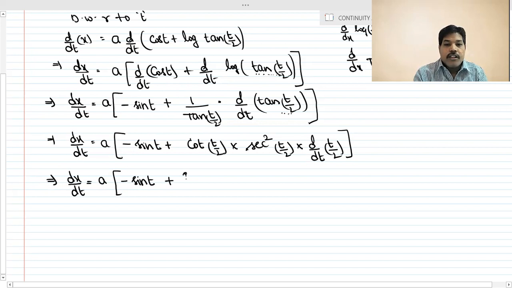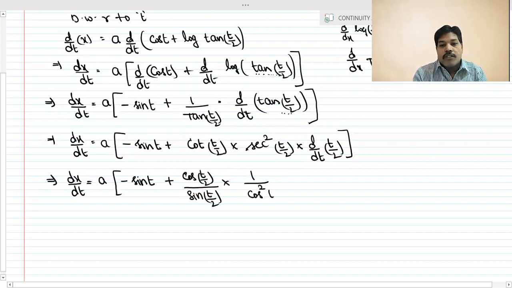Cot is nothing but cos t by 2 by sine t by 2, that is cos by sine. Into secant square, which is nothing but 1 by cos square t by 2, into the derivative of t by 2. 1 by 2 is a constant, students, you can take it out.